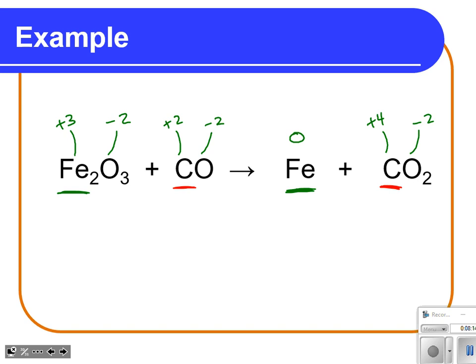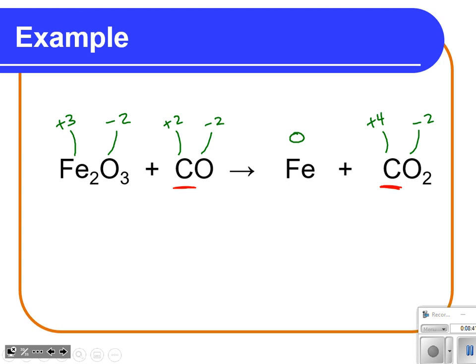The iron goes from +3 to 0, okay? So in order to go from +3 to 0, I have to be gaining electrons. Gain electrons, reduction. So iron here is being reduced.